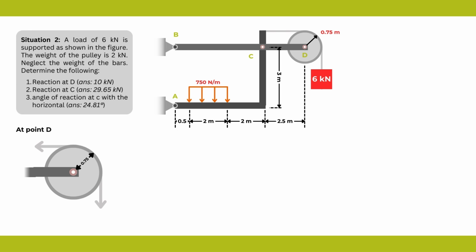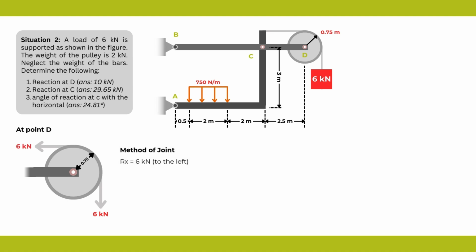For the resultant along horizontal, alamin lang natin yung tension ng cable. Given on the other end of the cable is may binubuhat siyang 6 kilonewton load, and as we all know, iisa lang naman yung tension na ma-experience ng cable sa kabuuan ng length nito, we can all agree that the tension of this side of the cable is also 6 kilonewtons.